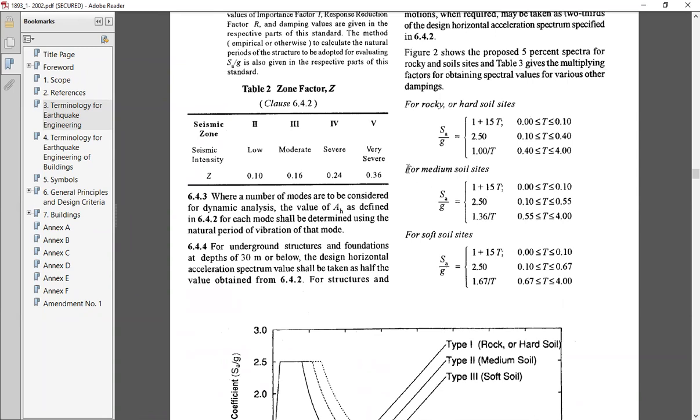In the question it is given medium stiff soil. So the time period, look, is between 0.1 and 0.55. So the ratio is given by 2.5. Okay, so from here we got the value.